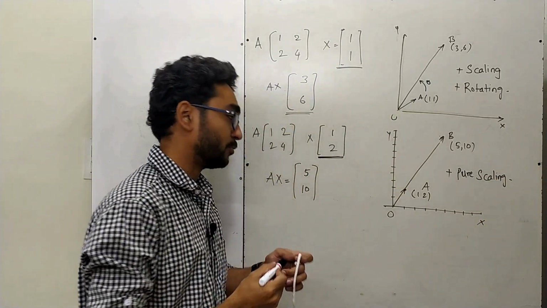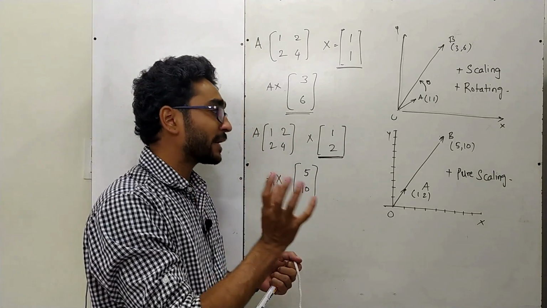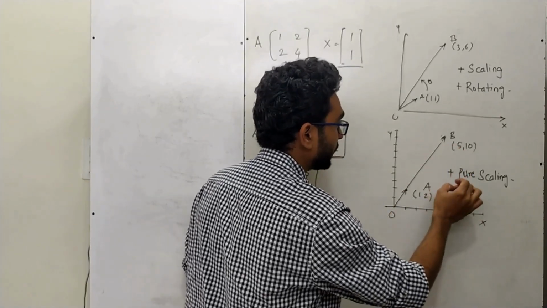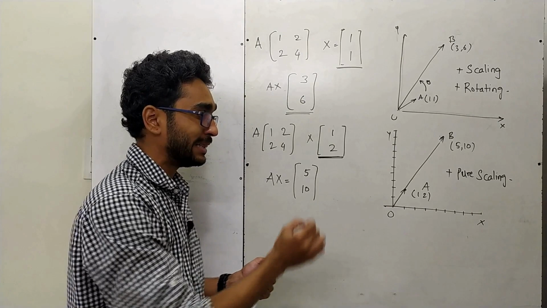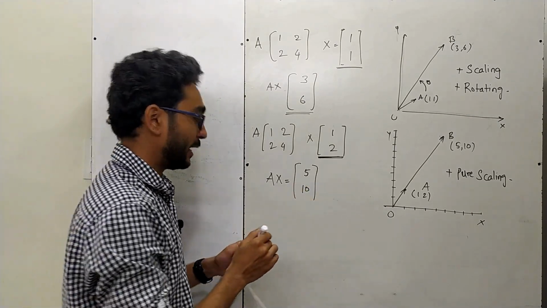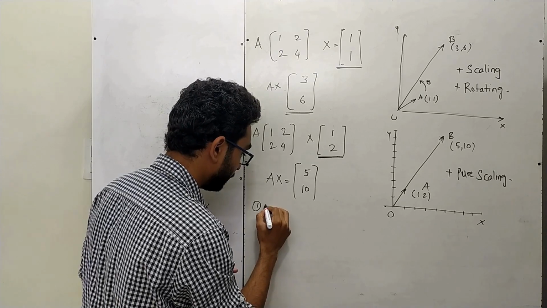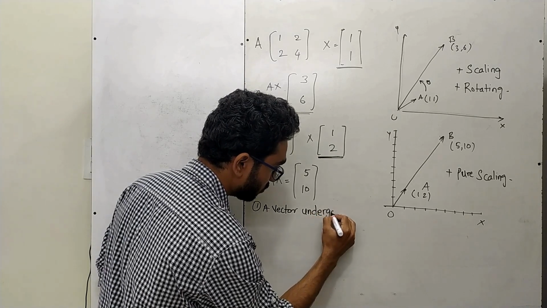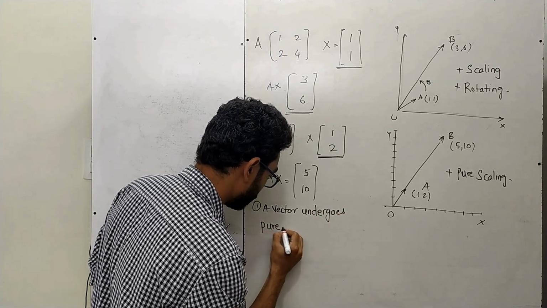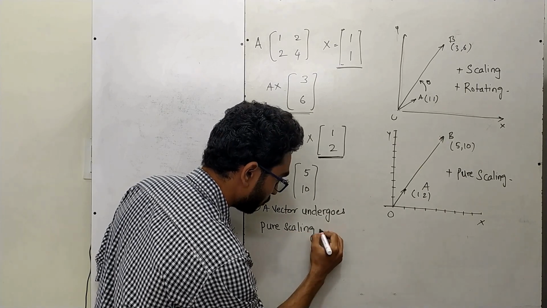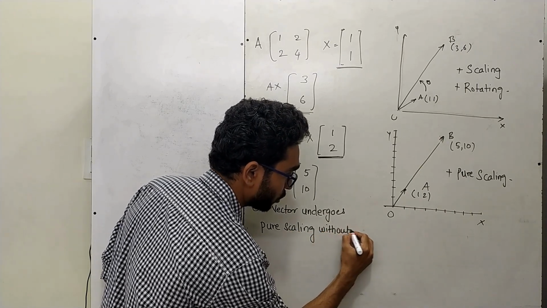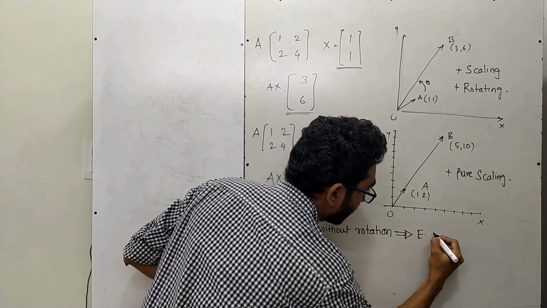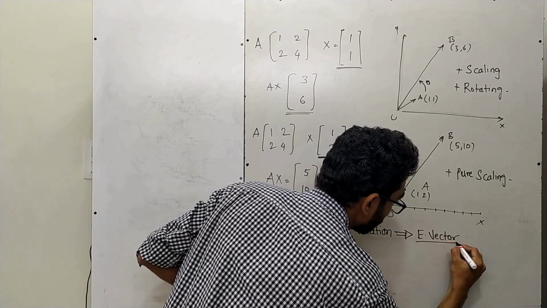Now listen carefully. This is what I actually want to tell you. For this vector, I am scaling it without any rotation, and this is the eigenvector. So simply I can write: a vector that undergoes pure scaling without rotation is called an eigenvector.